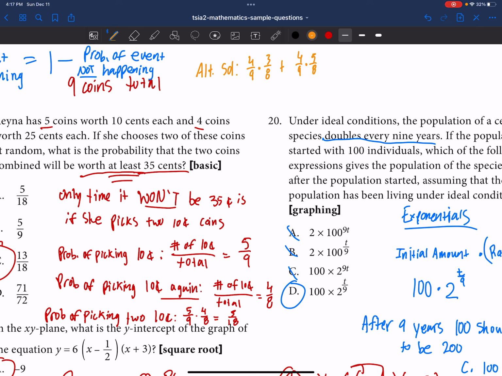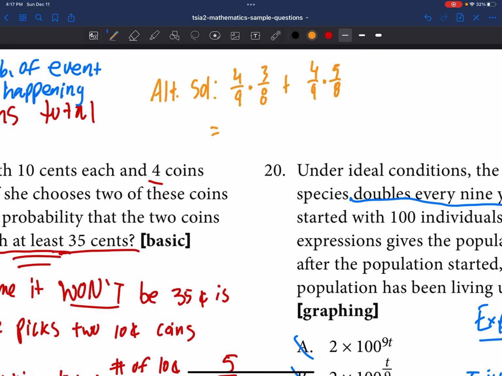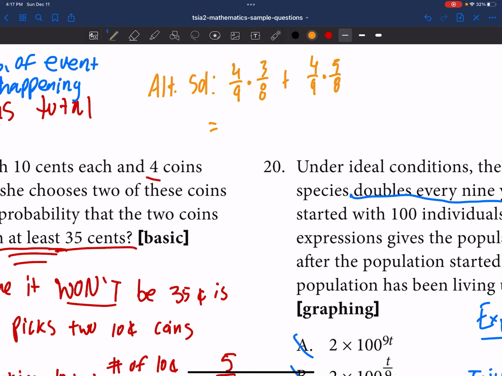And this would come out to, let's see here, I'm doing some mental math here. That's a half. That's a third. So that's a sixth. Plus, that's a half. So that's 5/18. Is that right?